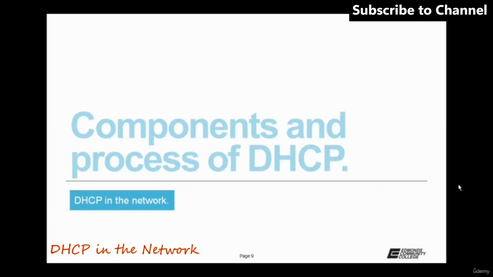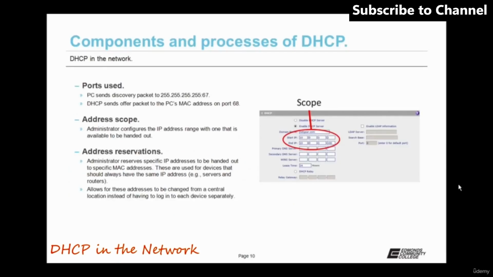Now let's talk about components and the process of DHCP. We're going to begin by talking about the ports used. Now, I already mentioned this once, but I'm going to mention it again because you need to know this. The PC sends its discovery packet out on the broadcast address 255.255.255.255 on port 67.